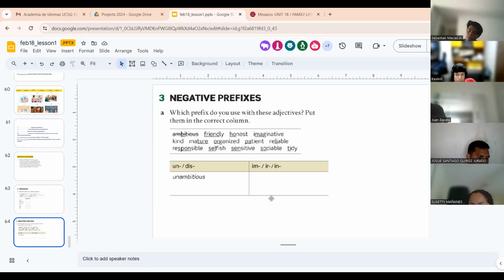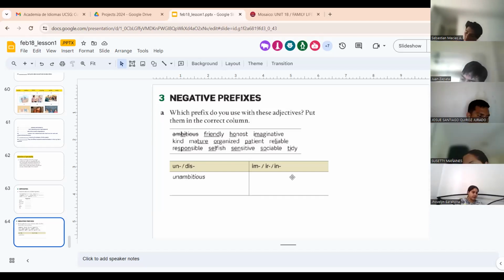Irresponsible. Irresponsible and immature. Yes, immature. So in the last column, we had immature, impatient, irresponsible, insensitive.